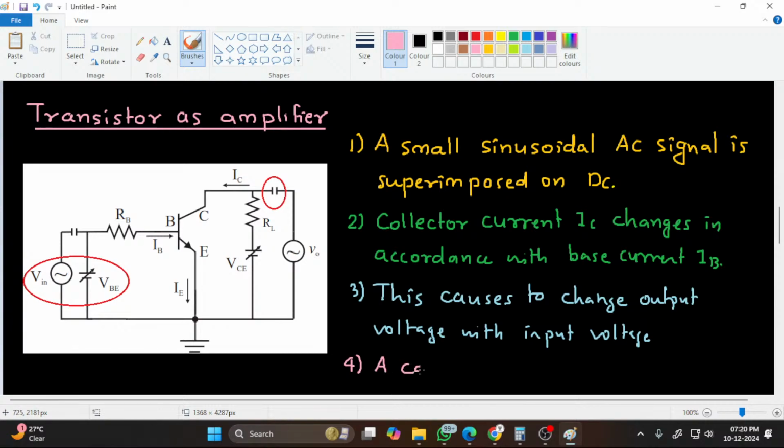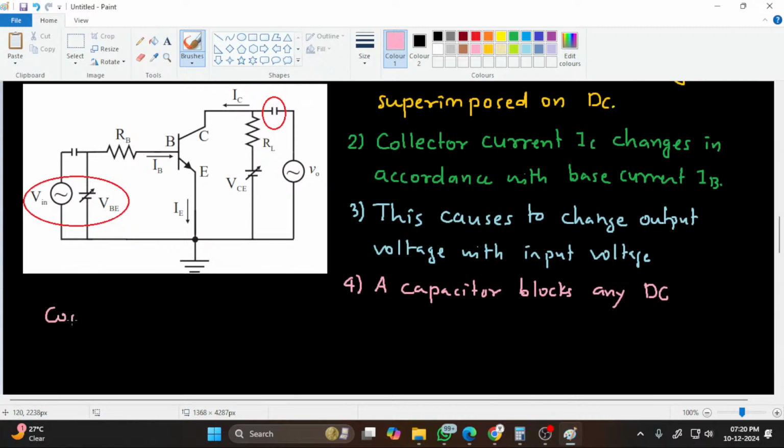A capacitor blocks any DC component in the output. So you get the AC signal, pure AC signal at the output.